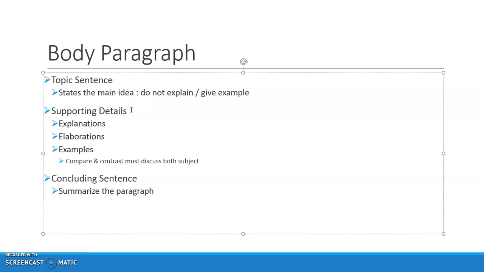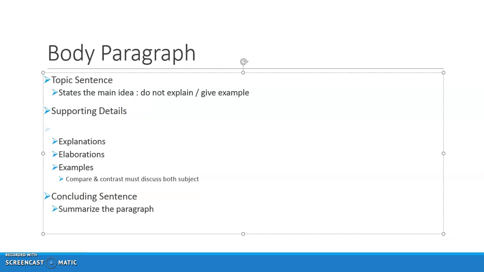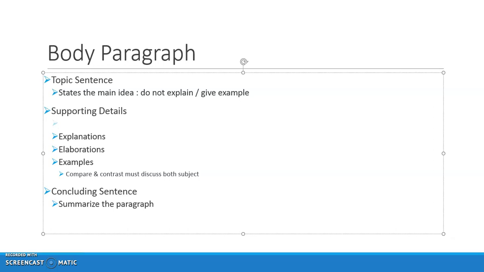So supporting details, one thing that you should not do is, do not start with example. Because examples, if you remember what I said earlier on, are explanation or supporting details for a supporting detail. So you have to explain first, then your explanation will be supported by an example.